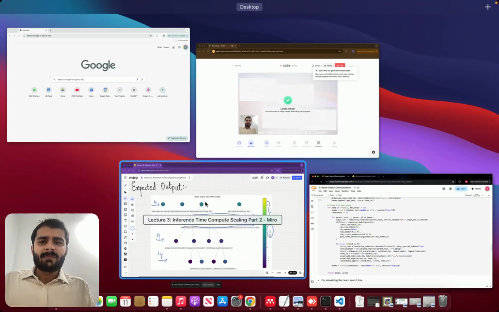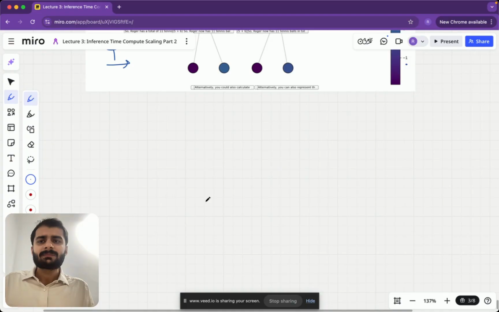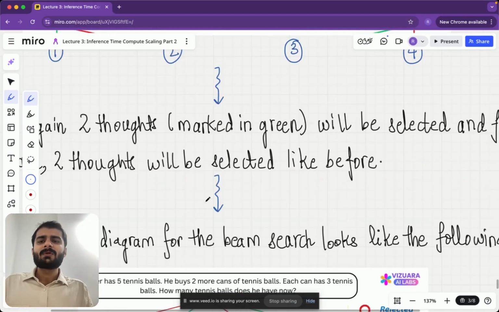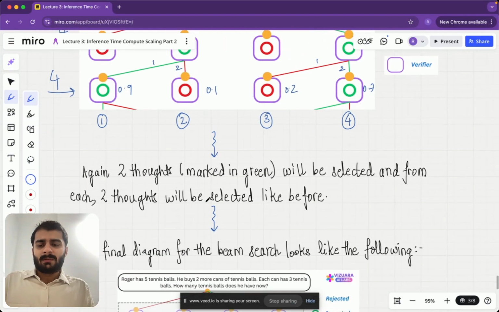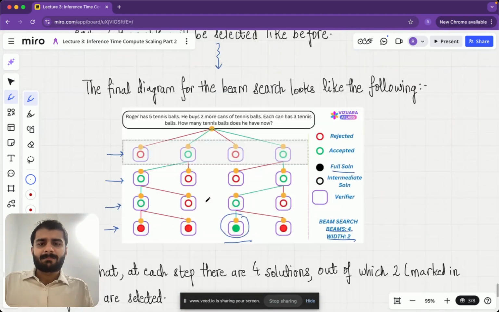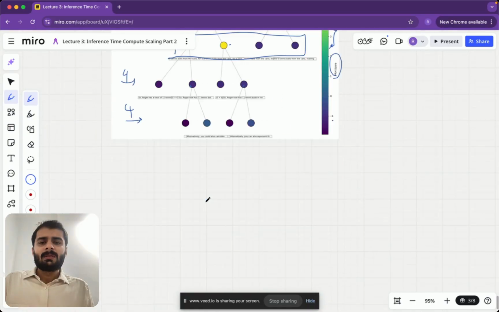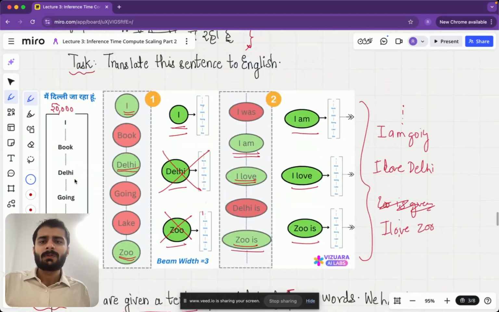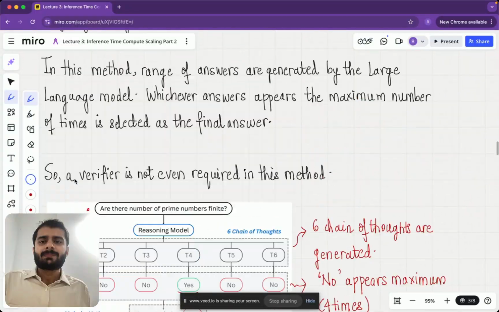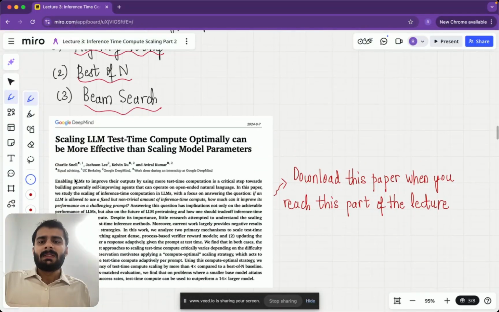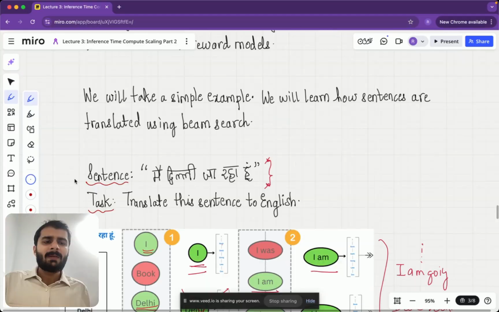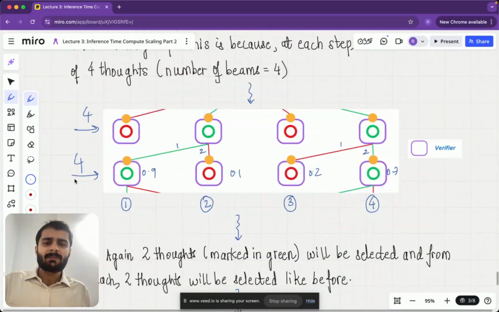Now another thing I want to highlight is the paper which I was mentioning before. So this is the paper I am talking about. In this paper, they divide the methods into two categories.